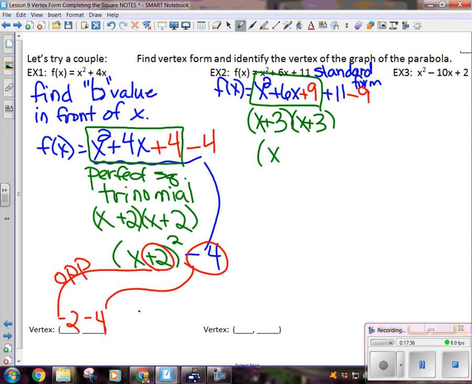Okay, and that becomes x plus 3 squared. And this time, I am going to have to pull down, but I'm going to have to combine these two. So what happens if you say plus 11 minus 9 plus 2? I have now changed it from standard form to vertex form by completing the square.